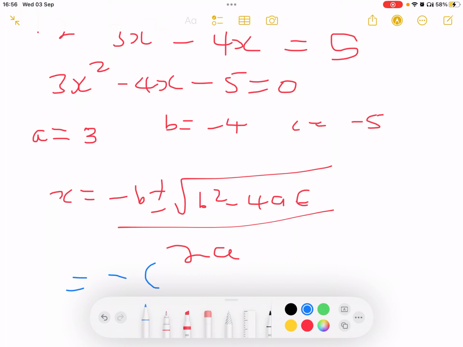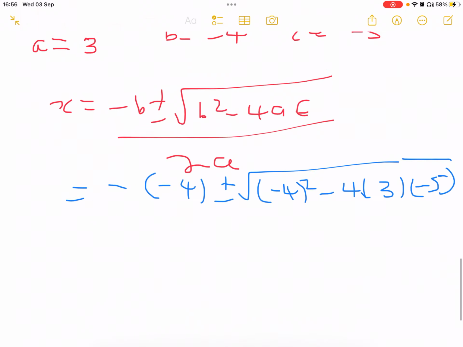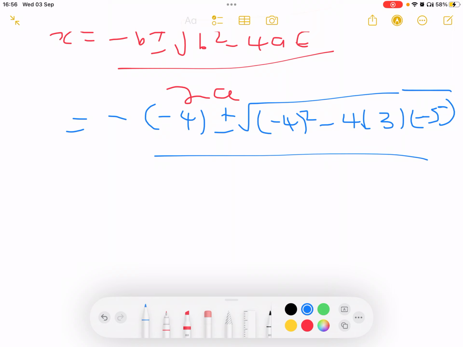The substitution is the one that gives you marks. Each and every substitution has brackets. 4AC is 3 times negative 5, and it's all over 2 times 3.